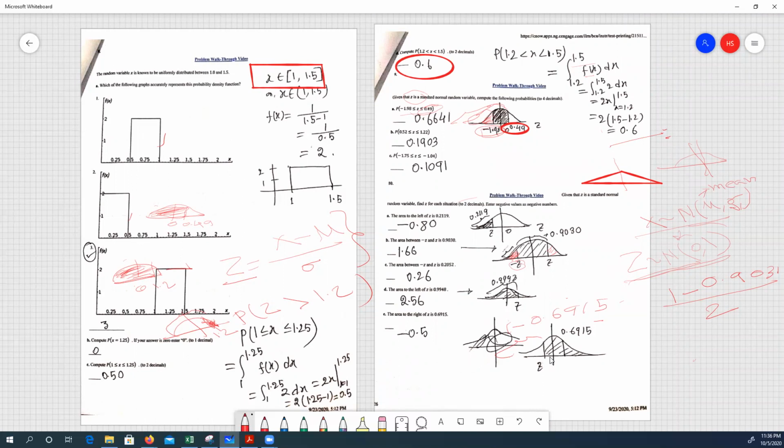This is 1. I'm sorry, this is 1. Yeah, 1 minus this one will be this area. So now you know the area on the left side. You can easily find the value of z, which is negative 0.5. Okay.